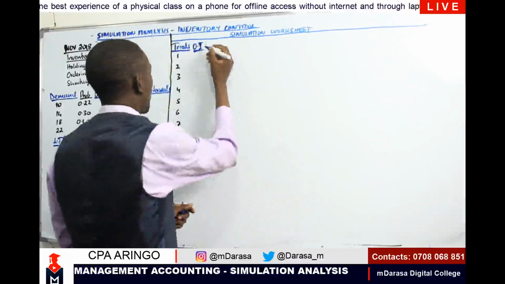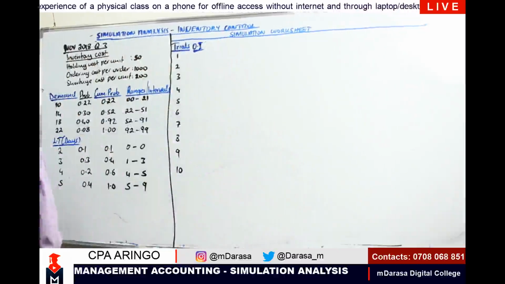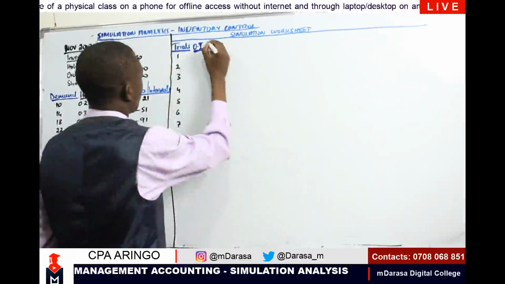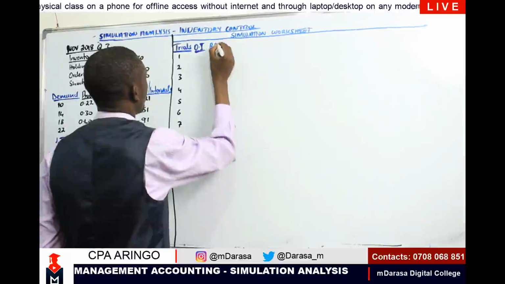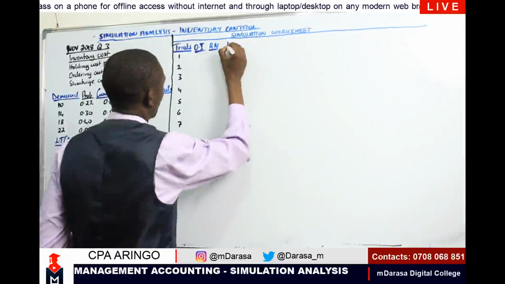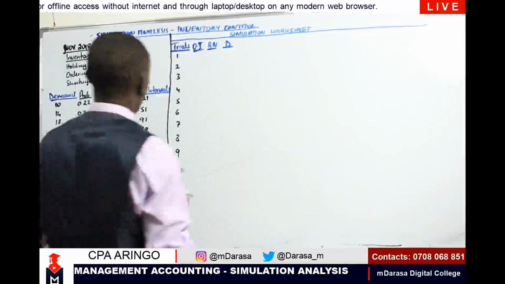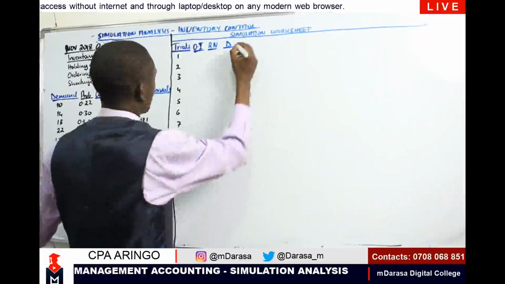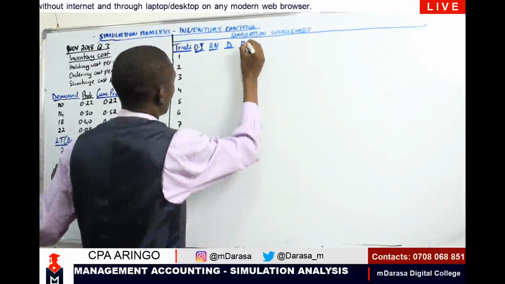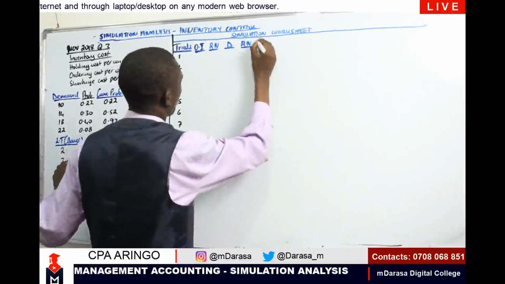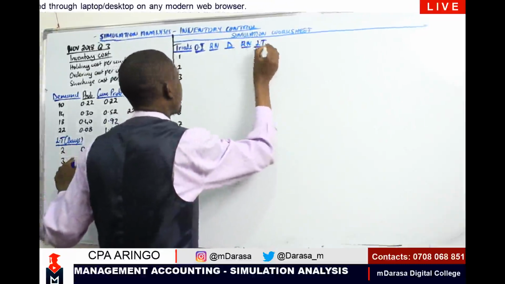So I'm having our random number. The first variable given is demand, so allow me to use D. The second variable given is lead time, so I should attach a random number to lead time.